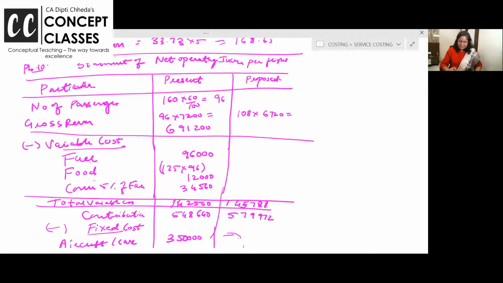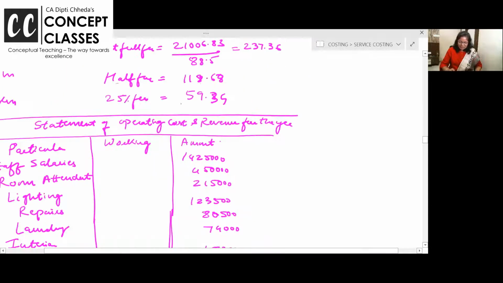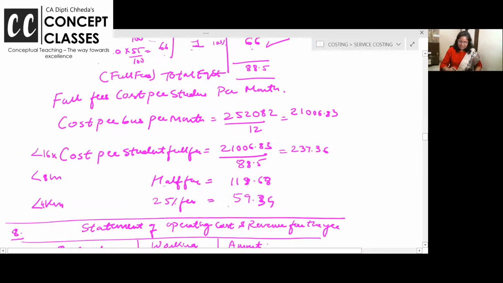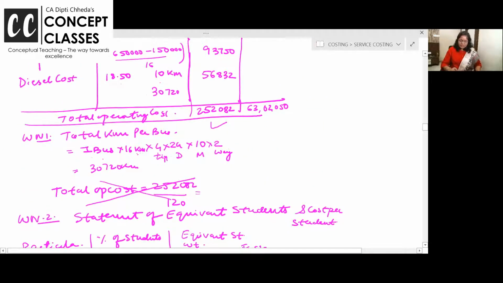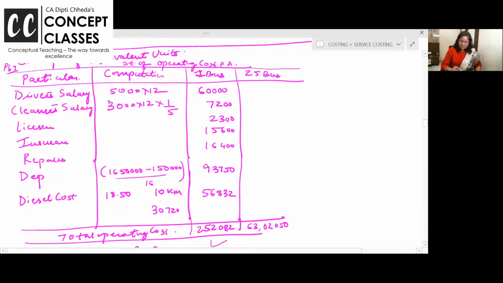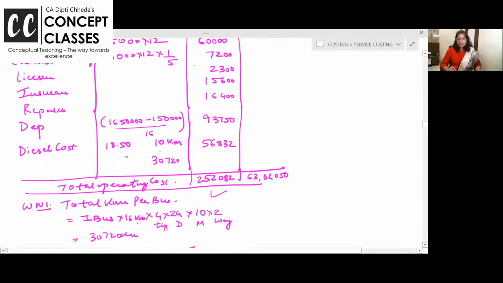We solve so many problems in our routine class. This is a question for school. Driver's salary, cleaner's salary, license, insurance, depreciation. Diesel cost is for kilometers. 18.50 is the diesel rate per liter.